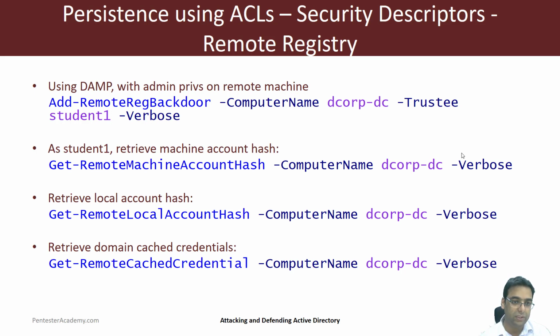These functions are part of the DAMP toolkit written by Will and other guys. What I can do here, if we run this with domain admin privileges, is that the first function modifies the permissions on the required registry keys and services, and then we can start extracting information, right?